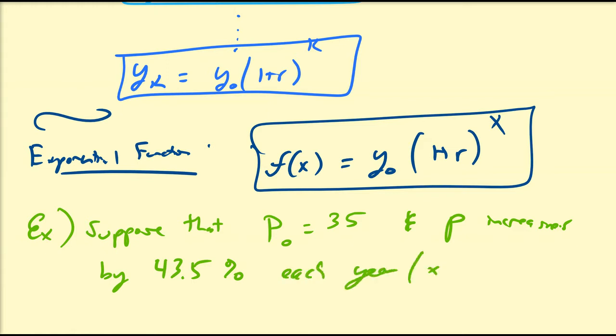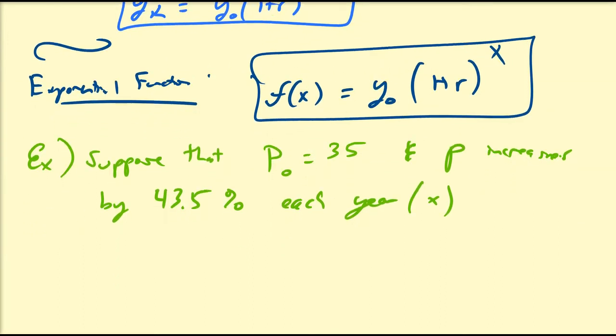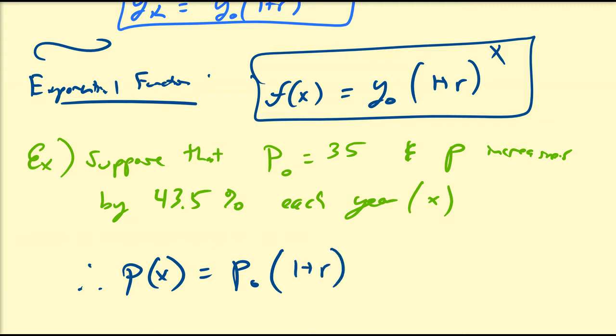And I'm going to measure x in years, right? So if I want to represent the population as a function of x, then I can rewrite this as an exponential function. So p in terms of x, I guess maybe people would use t instead of x, but that doesn't matter here. So this is going to be p0 times 1 plus r to the power of x.